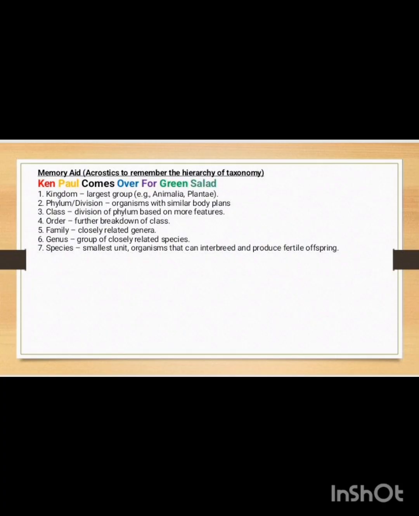In each state, we also have different kinds of local governments. Let's represent the local government area as class. They also have their uniqueness. From the local government in each state, we have the community. This community can represent order. What is practiced in my own community, even in the same local government, is different from what is practiced in another community. And that brings the uniqueness.